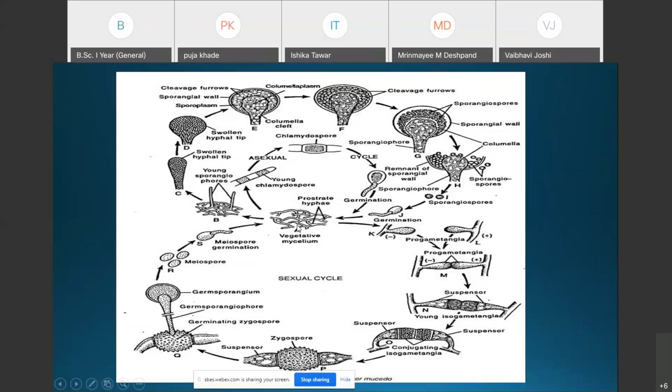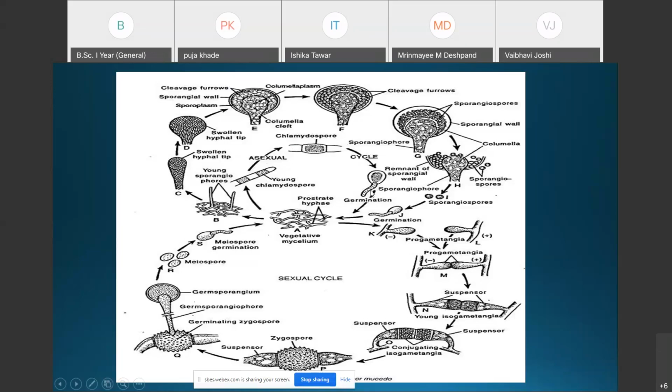Asexual reproduction also takes place by the formation of chlamydospores. Here you can see the intercalary mycelium. It accumulates an abundant amount of food material and secretes a thick wall, and that structure is referred to as a chlamydospore. These chlamydospores get separated from each other.